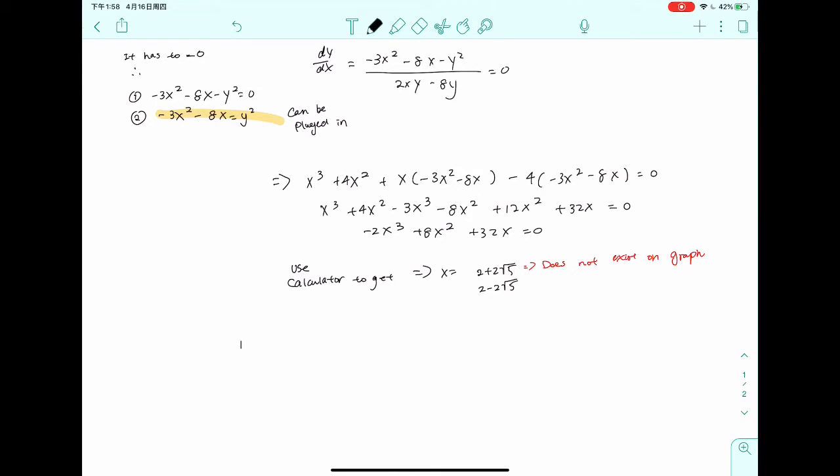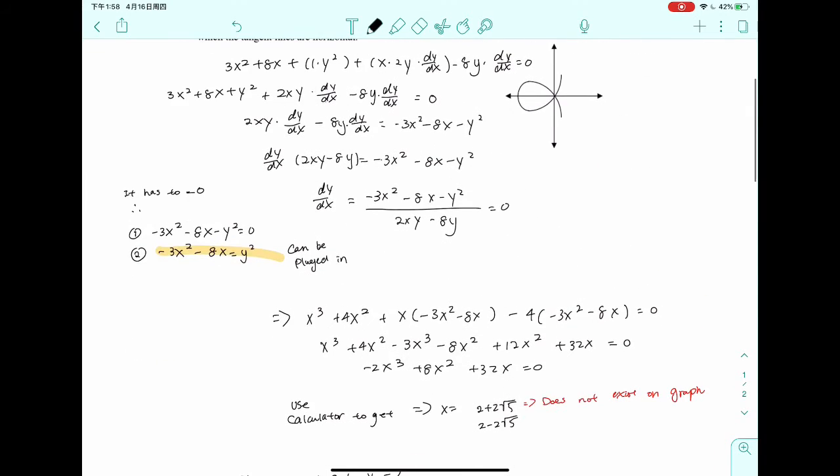And now we have found our x values, therefore we can plug in our x values into the original equation to get our corresponding y point.